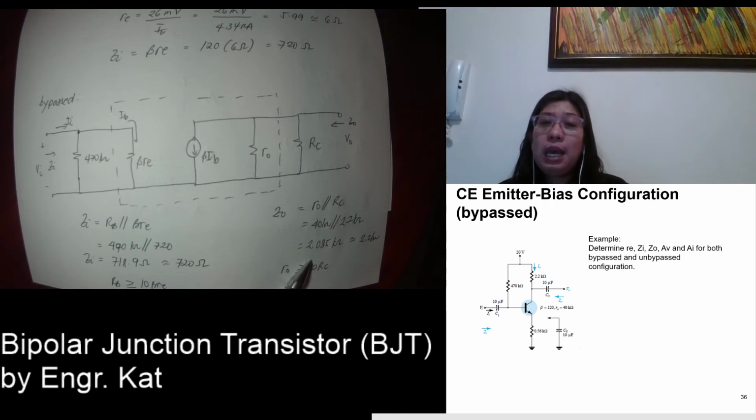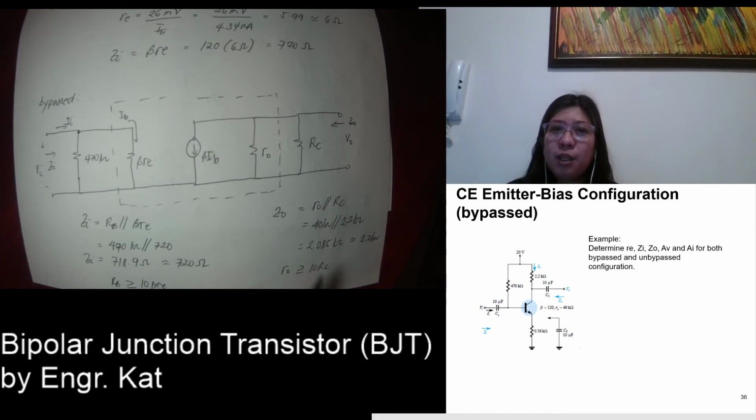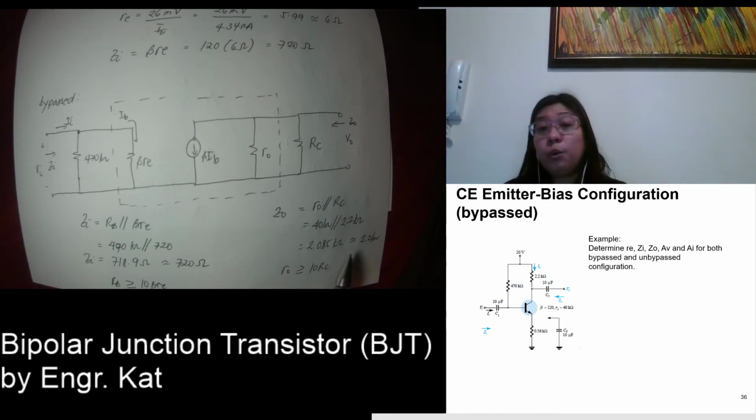As you can see, your output impedance is closer to the value of our RC. When you have two resistances or impedances in parallel with each other, the result is always smaller than the smaller value. So in this case, it is closer to your 2.2 kilo ohms.